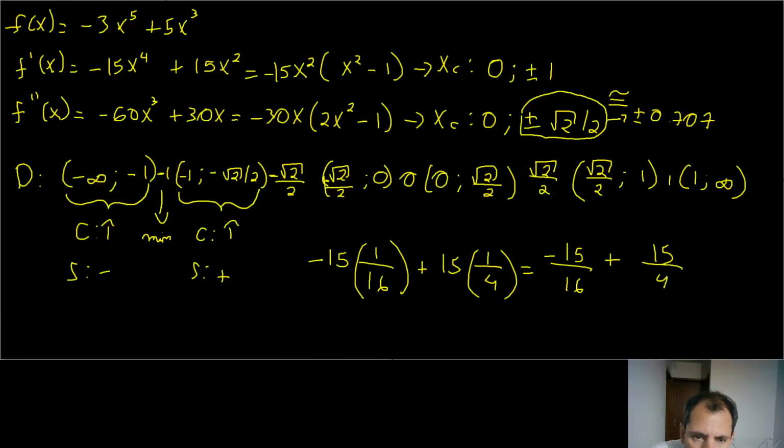You multiply this by 4, you get 16. You multiply this by 4, you get 60. So 60 minus 15 is going to be 45. So this equation is going to be a positive number.